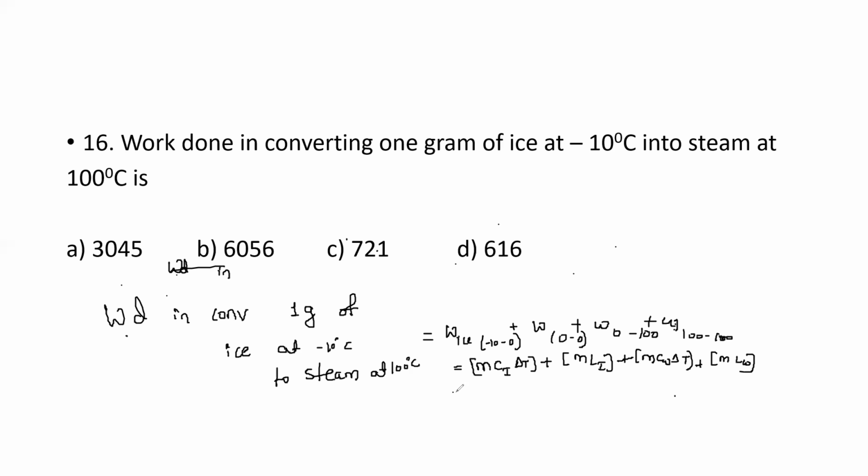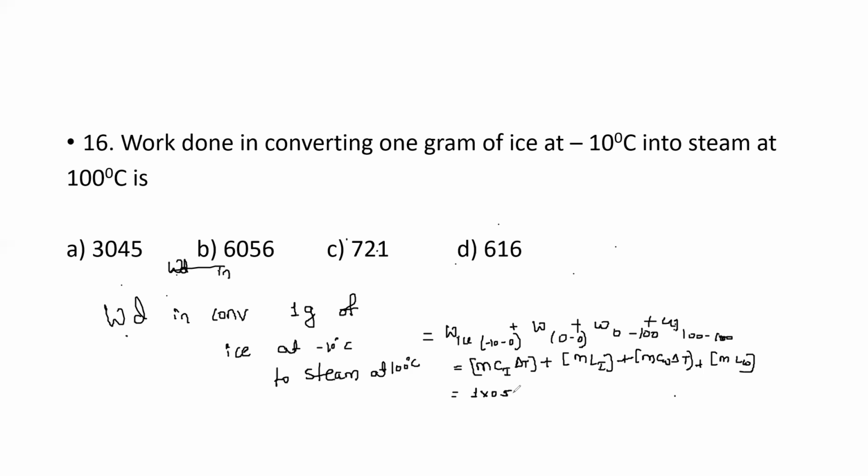The mass m is 1 gram, it is given. So 1 gram into the specific heat capacity of ice, which is 0.5 calorie per gram per Kelvin.